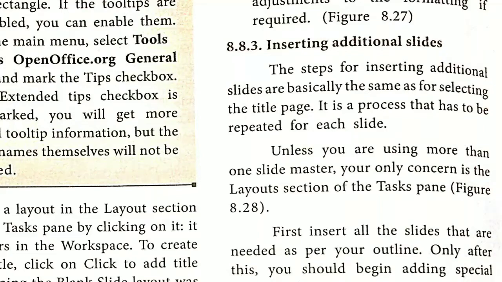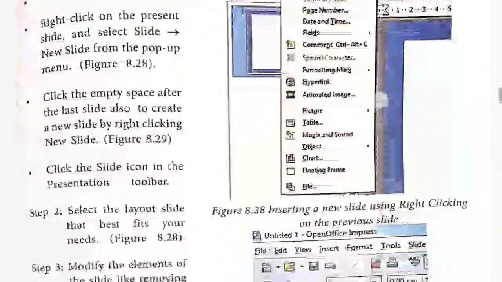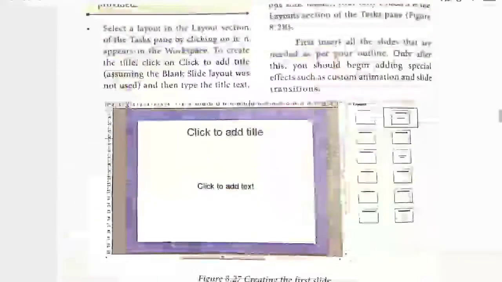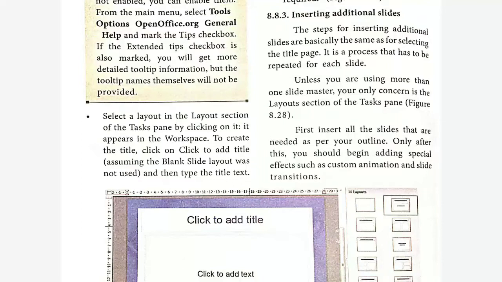So the figure will display this slide pane so that you can insert it in so many ways. We'll see one by one. First, insert all the slides that you need as per your outline.